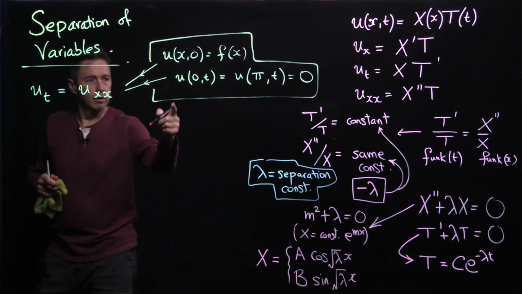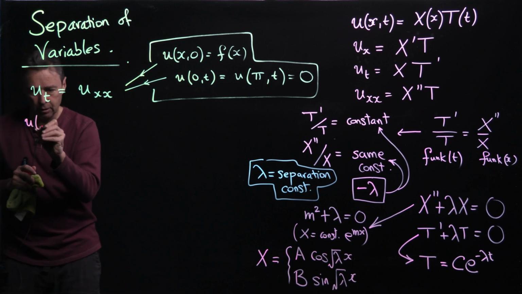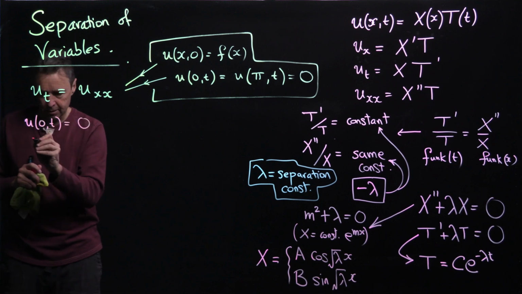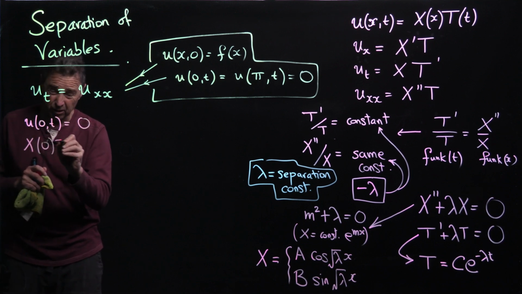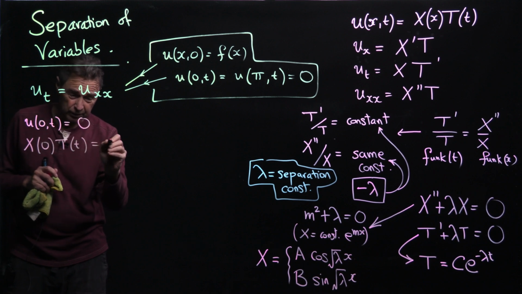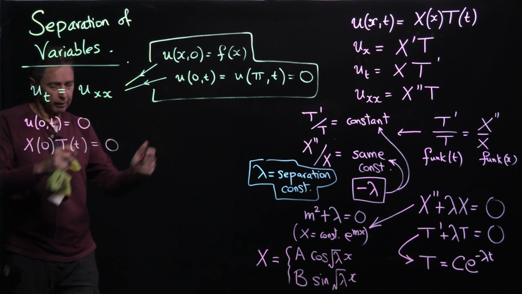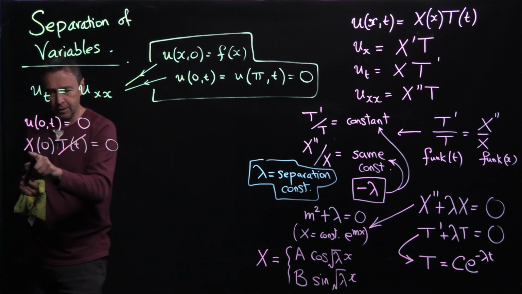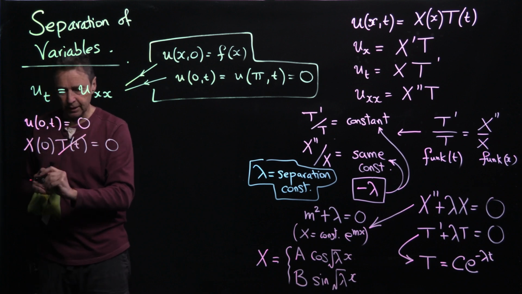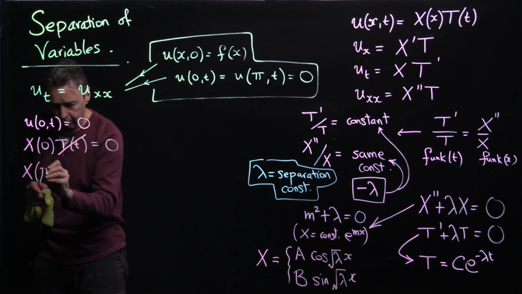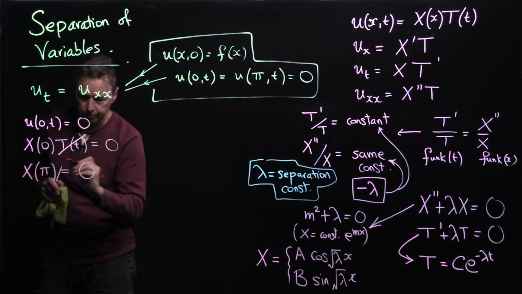Okay, so we've got U at 0 and t is equal to 0. So that says that X of 0 times T of t is equal to 0. Well, I don't want big T to vanish, because otherwise I won't get anything. So I need the big X function to vanish at x is equal to 0. And similarly, when I put pi, I also need to get 0.